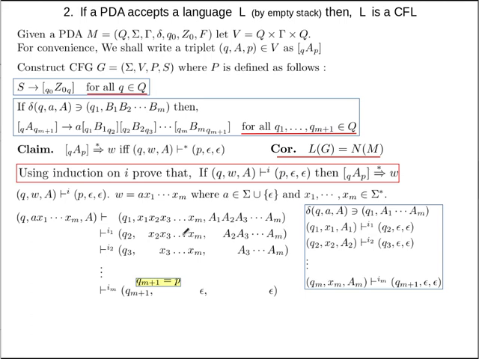But the claim is for this format. You see, you have a single variable here, and you have an empty stack here, which is not the case here. So you have some stack symbol here, and then again some stack symbol here.